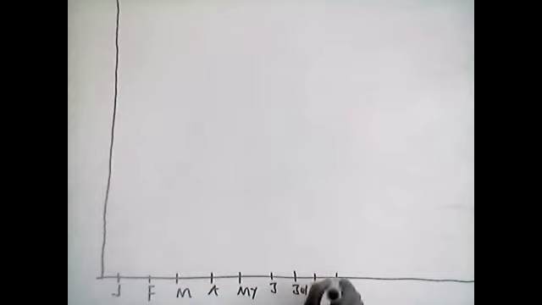So now we're talking of 2015. We have January, February, March, April, May, June, July, August, September, October, November, and December.